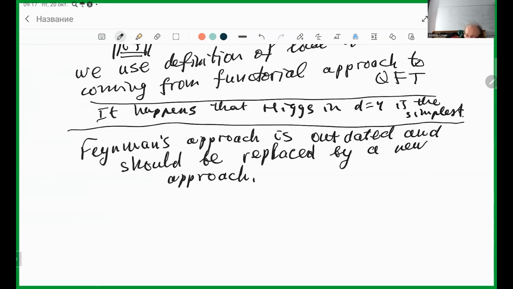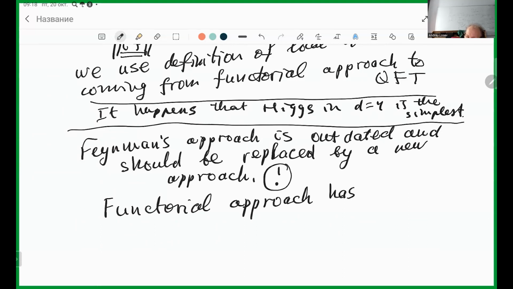I want to stress it, that I'm not saying that functorial approach is equivalent to Feynman. No, I'm making a stronger statement. Functorial approach is better because it has no ultraviolet divergence.